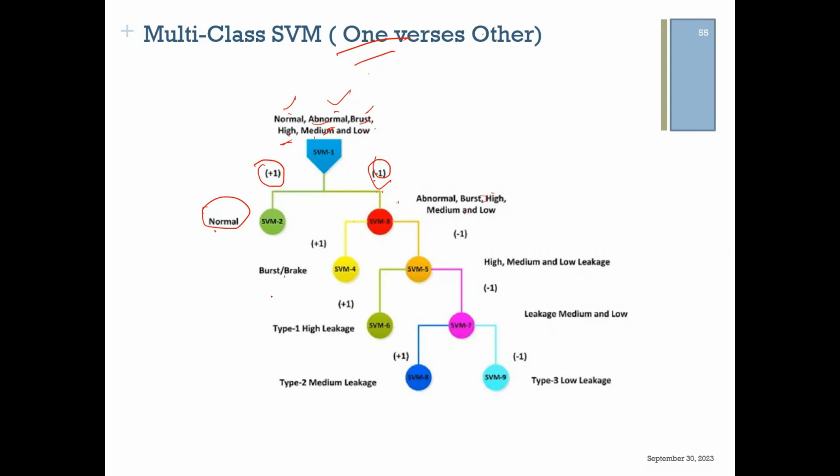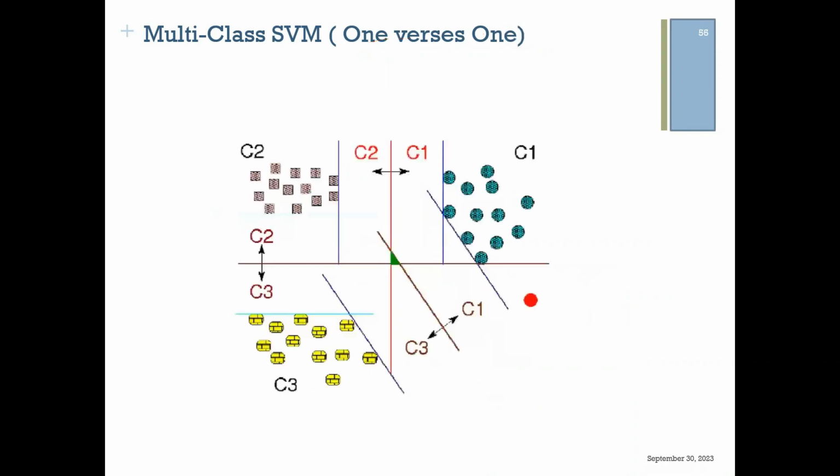Then we pick another one, make it positive against all others. You see, you have high, medium, and then low as others. Then you move on, you keep doing that until they are all fully separated. So this is how one versus others works in a support vector machine.